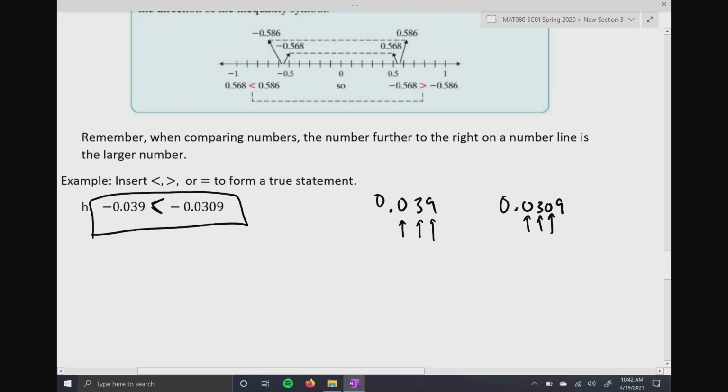Anyways, just write out the positive values. Compare. This is the situation we ran into. So then, when I go back to the original problem, I just reverse the sign. So instead of it being, sorry, I had it backwards. So instead of it being greater than, it'll be less than for the final result. Okay? Now, if you are comparing, and I'm going to throw this in here.